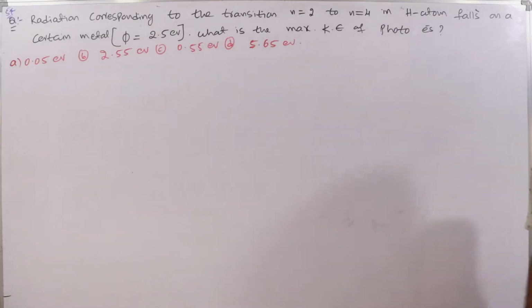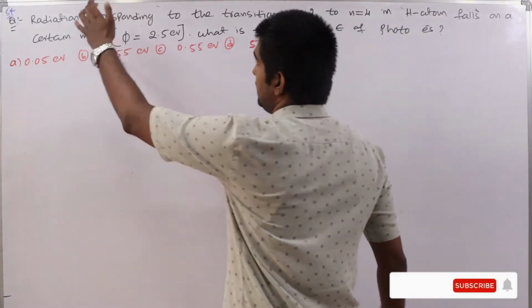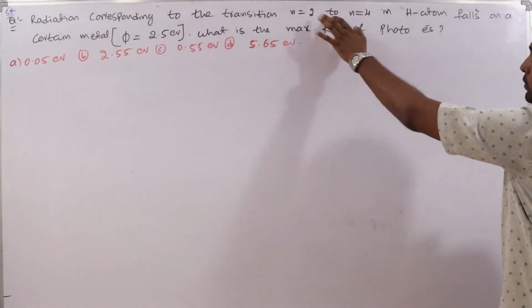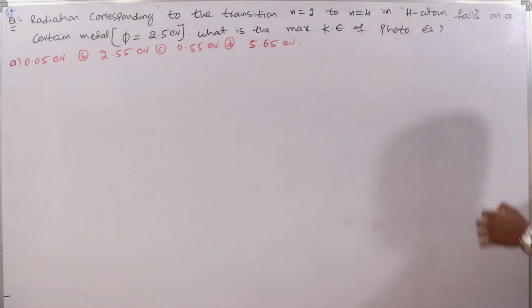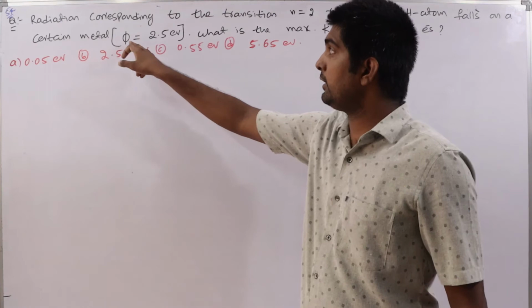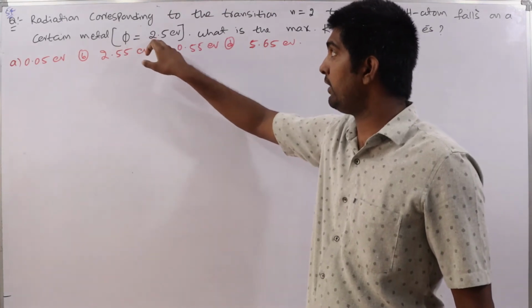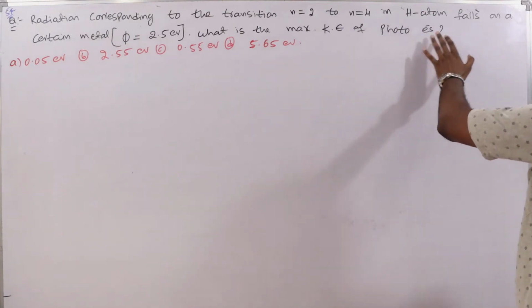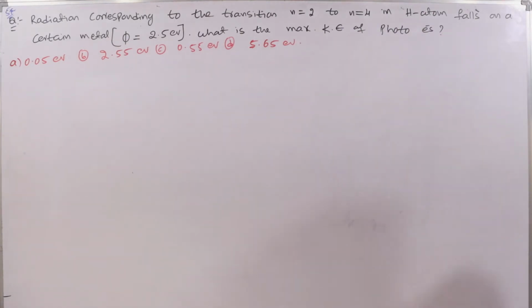Now let us see another very important model, this one. The radiation corresponding to the transition n equal to 2 to n equal to 4 in hydrogen atom falls on a certain metal, and the work function of the metal is given as 2.5 electron volt. What is the maximum kinetic energy of photoelectrons?